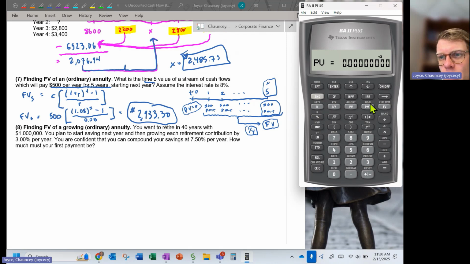So we're going to compute future value. Ignore that negative. The way to think of that is if you were to maybe receive those 5 payments of 500 over the next 5 years, you as a loan would have to repay back $2,933.33. So 30 cents. So that's your answer there, $2,933.30.